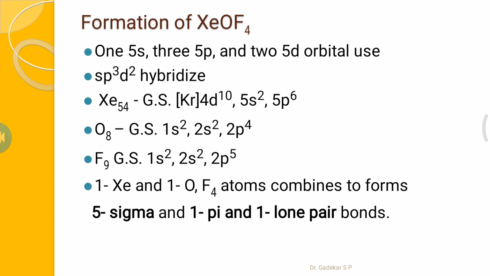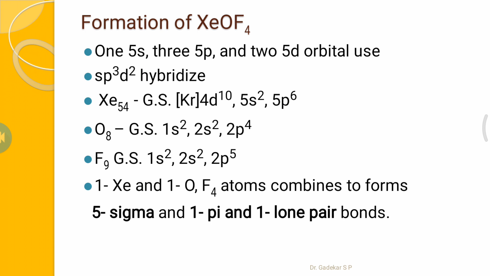All electrons are paired, but we supply external energy and they get promoted. A 5p electron is promoted to a d orbital to form an excited state, and then oxygen and fluorine combine to form xenon oxyfluoride, XeOF4.